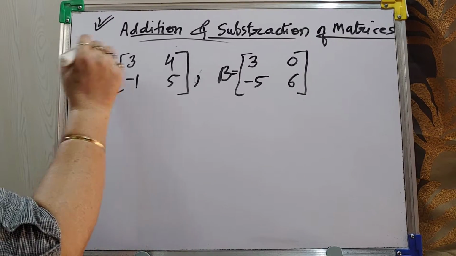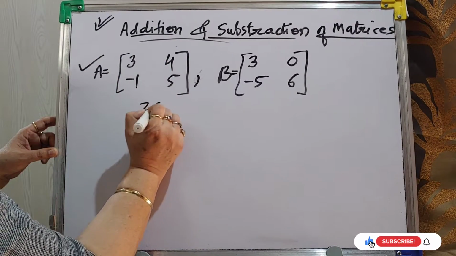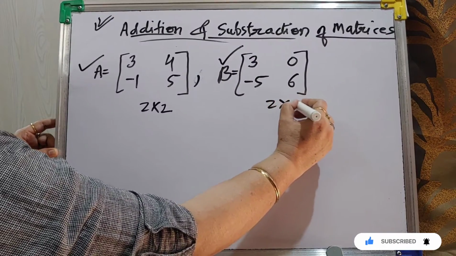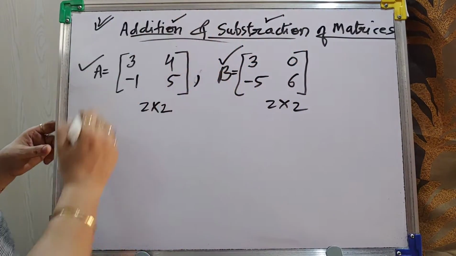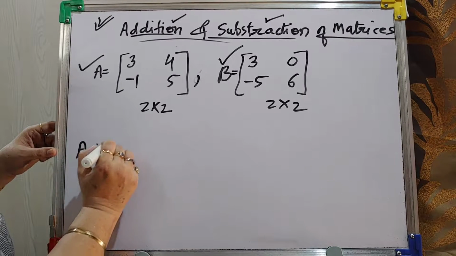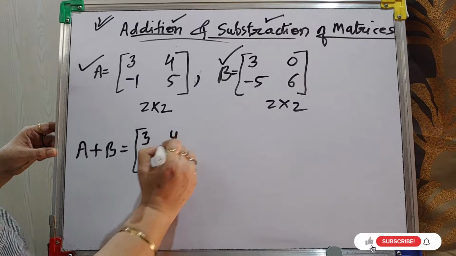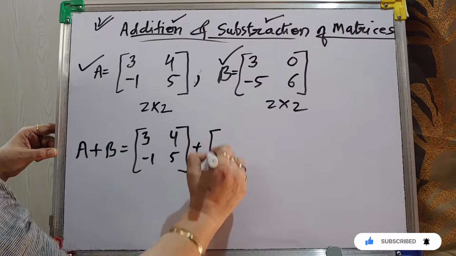Now I have taken two matrices. Matrix A is of order 2 by 2. In the same way, matrix B is of order 2 by 2. So we can add them, and we can also subtract. When I add A plus B, simply write them in columnar form.